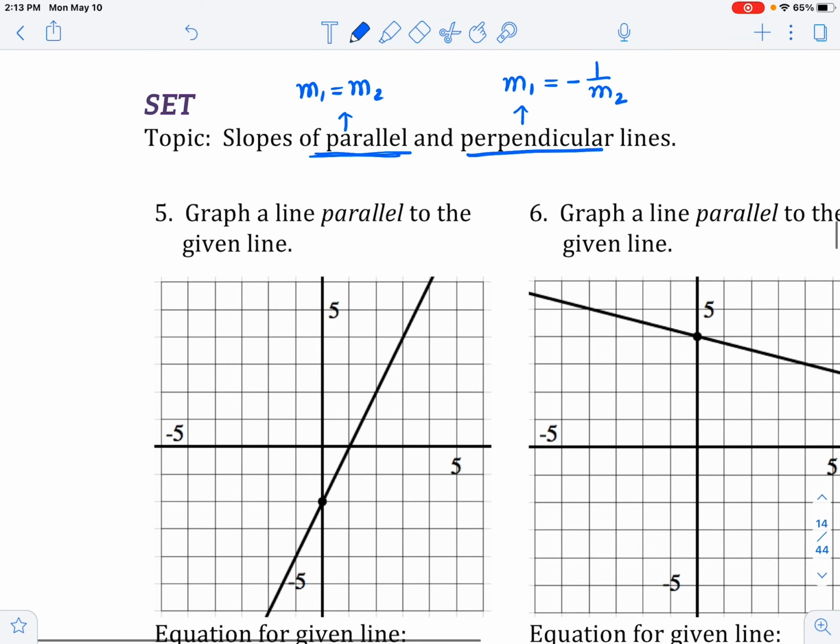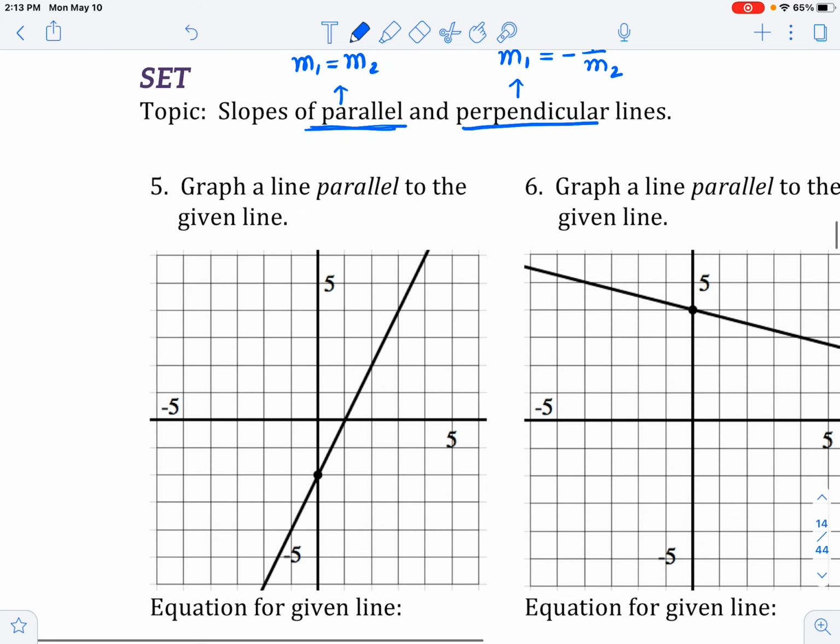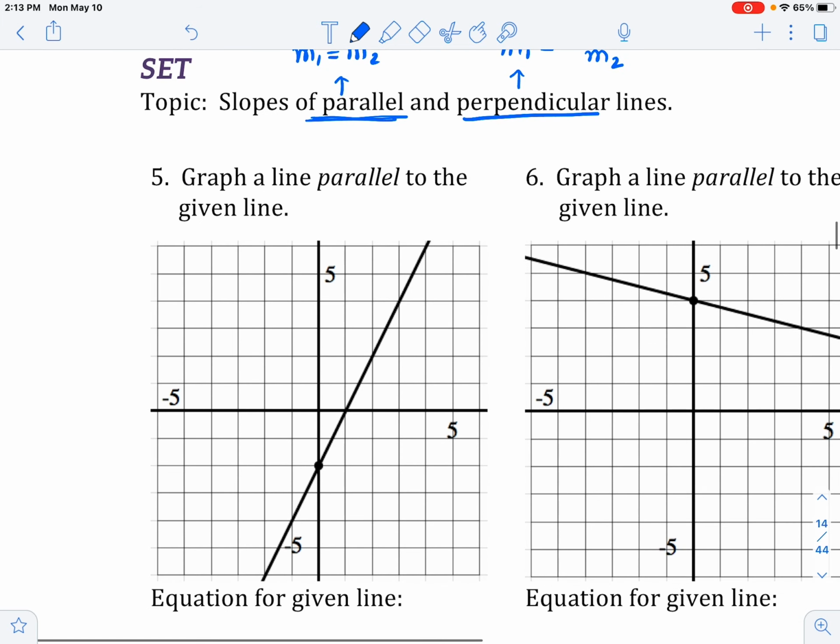Here they're asking us to draw a parallel line to the given line. To do that, we need to know the slope of this line. Taking 2 points, it's going up from left to right: up by 4, and then right by 2.